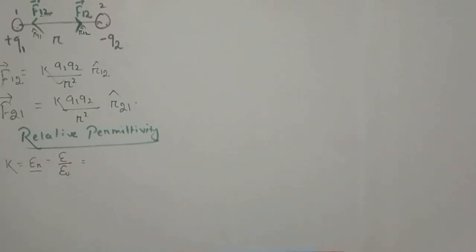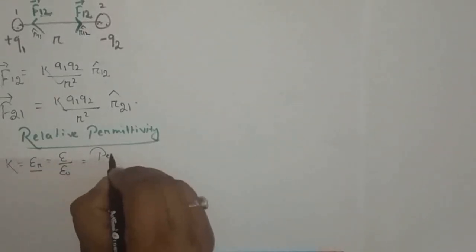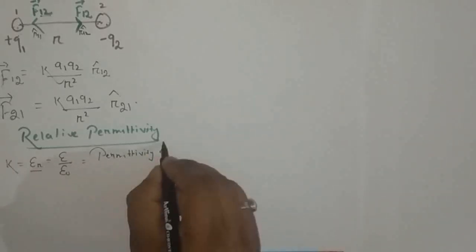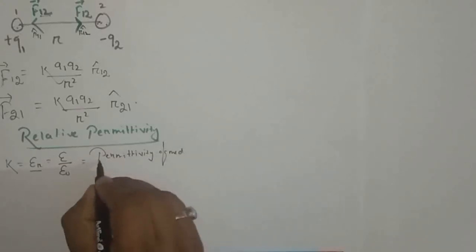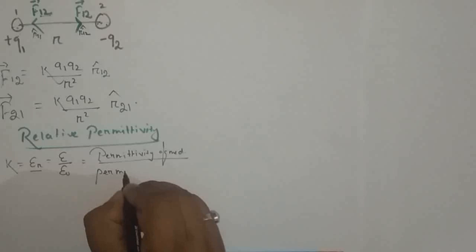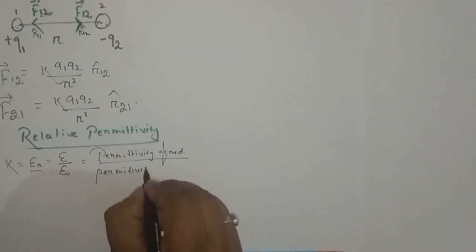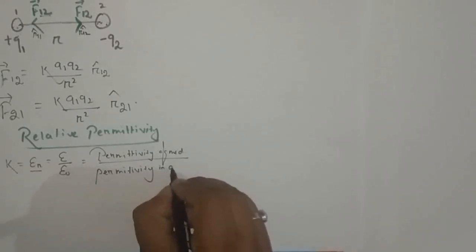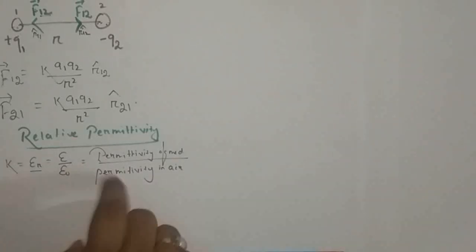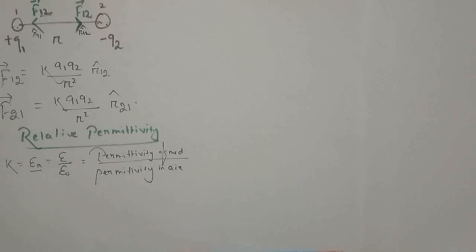That means the permittivity of the medium to the permittivity in air or free space or vacuum. This ratio is known as relative permittivity.